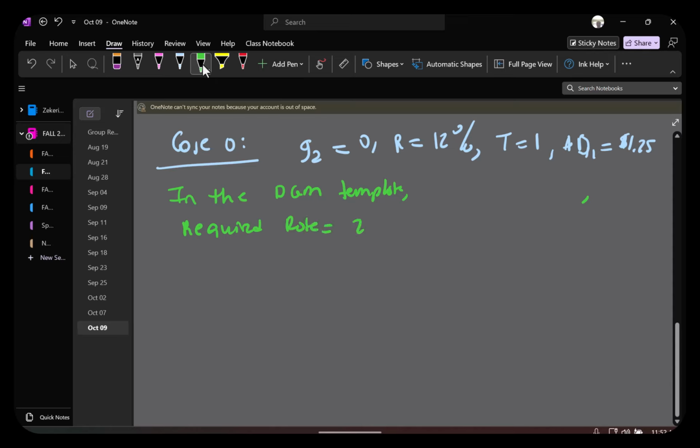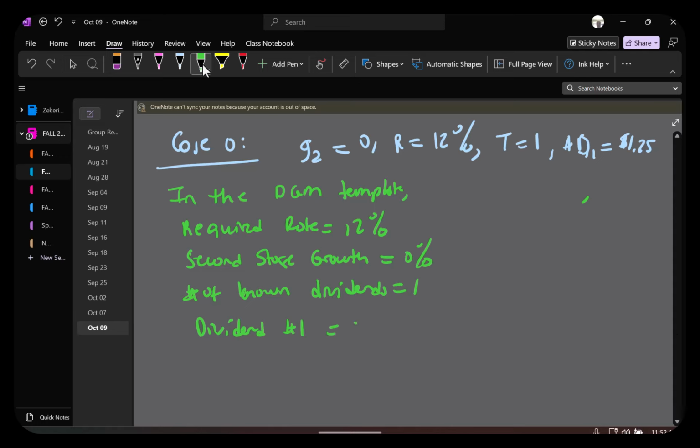Required rate 12%. Second stage growth, 0%. Number of known dividends, those are your four inputs.